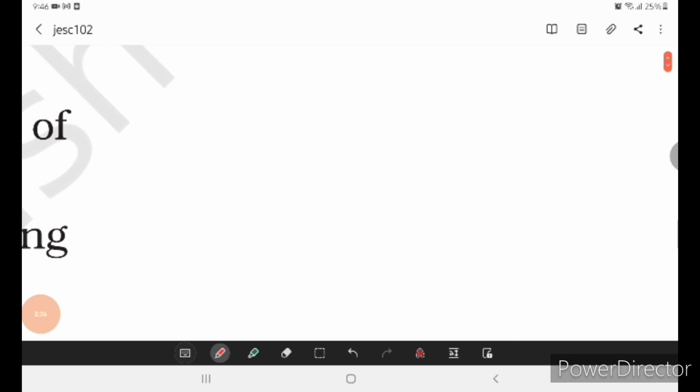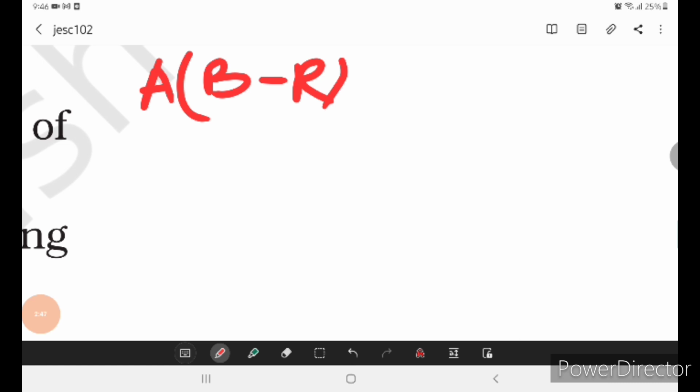Before proceeding further, I want to give some information about litmus and the colors of acids and bases in indicators. In acids, blue litmus turns red. When red litmus is kept in an acid, it remains red.